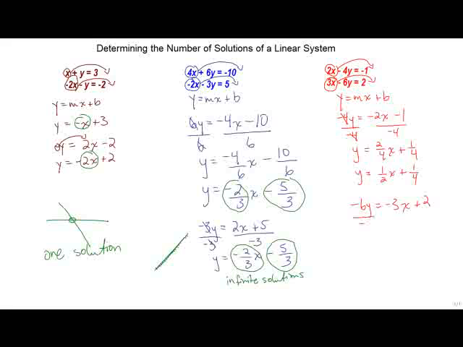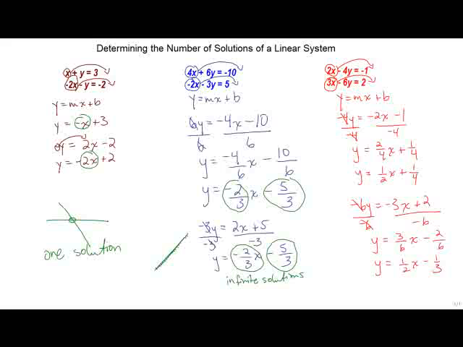Continuing to solve for y, we divide both sides of the equation by its coefficient, and our negative 6's cancel each other out, leaving us with y equals negative and a negative make a positive, so positive 3/6 x, and then we have a positive and a negative, which is a negative 2/6. And that can be simplified to y equals 1/2 x minus 1/3.